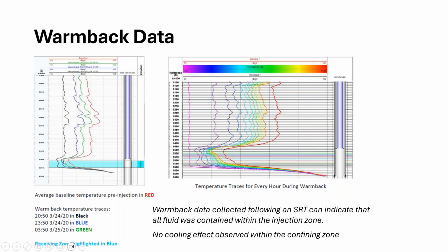There's no cooling outside of that formation, and the fluid has remained within it. Warm back data collected following a step rate test can indicate all fluid was contained within the injection zone, that the cooling effect can be observed within the injection interval, and the confining zone does not see an effect.